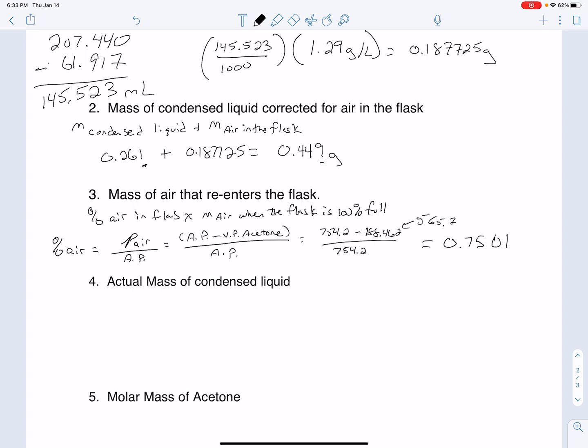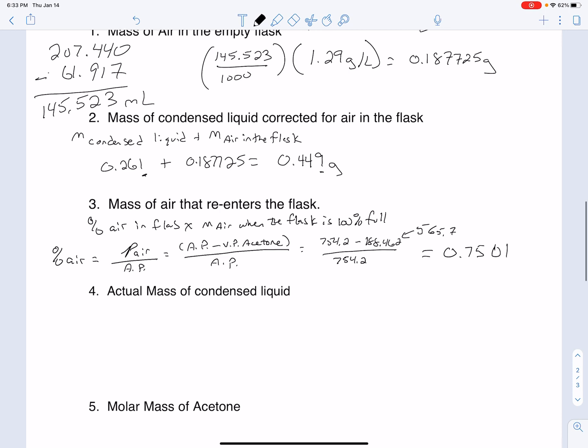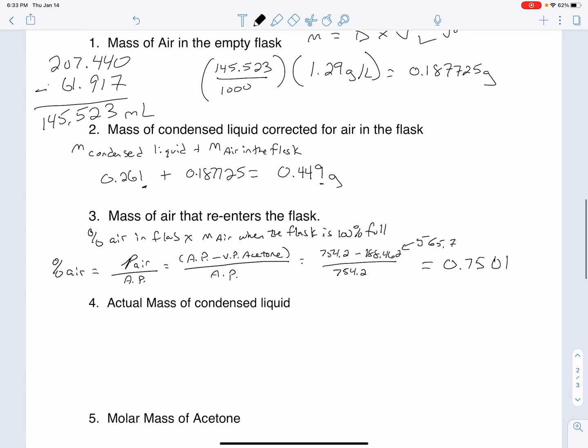So that flask has actually 75% of it is air. Now, I take the mass of air that would fill the flask if it were full, the empty flask. And so I take that 0.7501 times 0.187725.